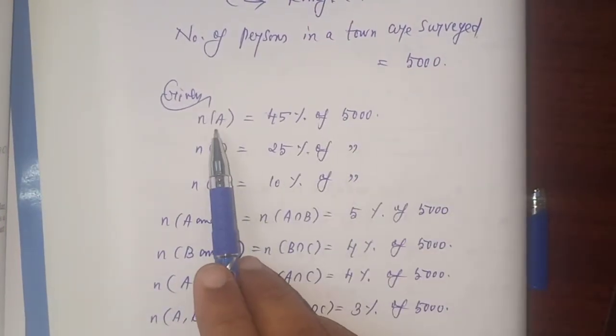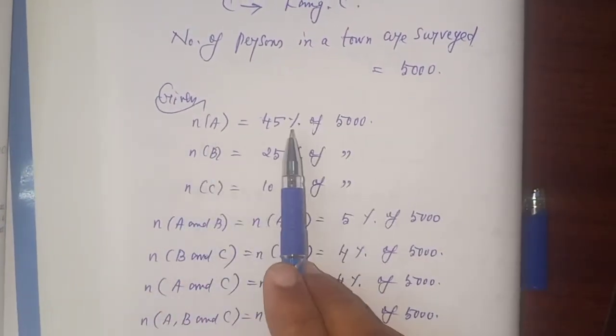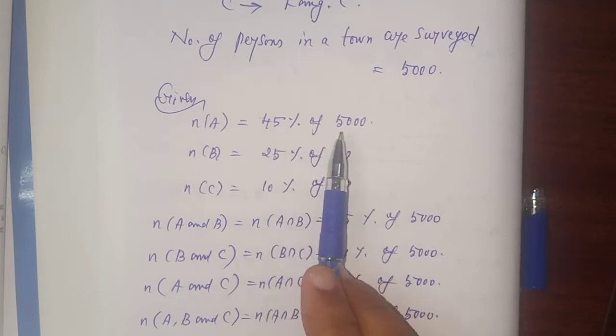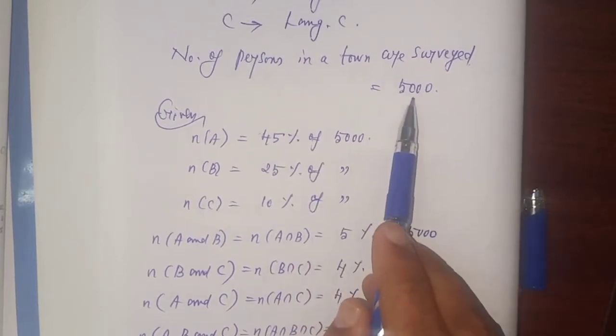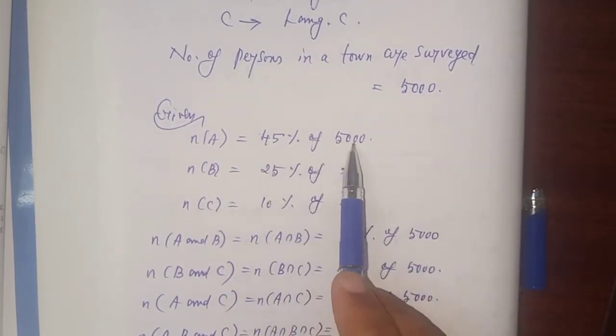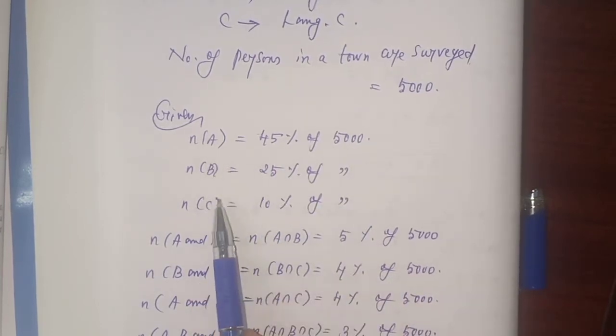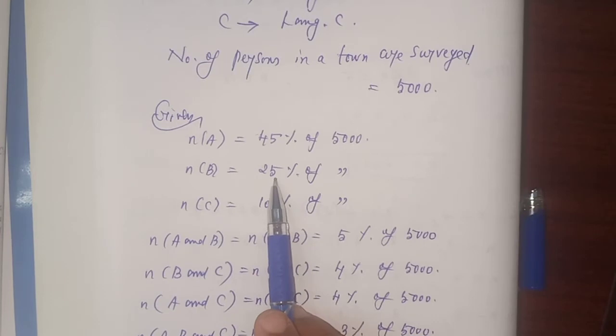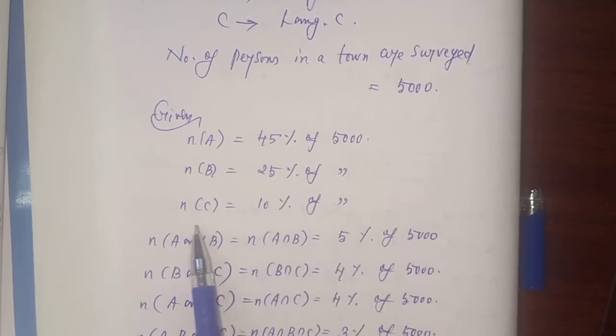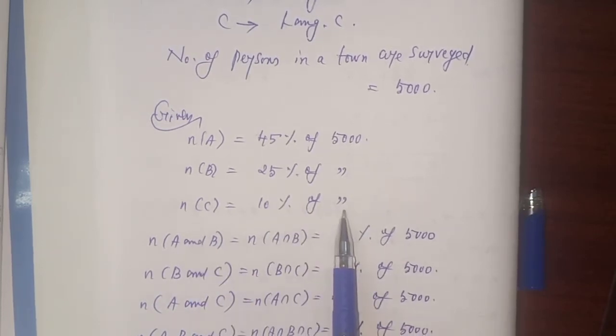Here, N of A is equal to the given 45% of the total. What's the total here? 5,000. 45% of 5,000 know language A. Like that, N of B equals 25% of 5,000. N of C equals 10% of 5,000.